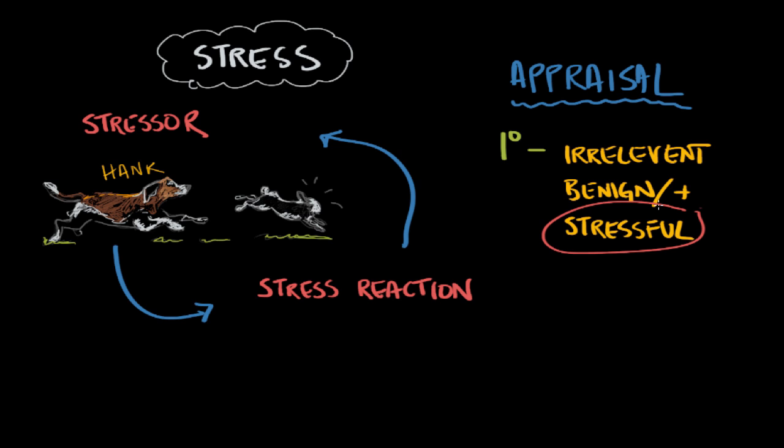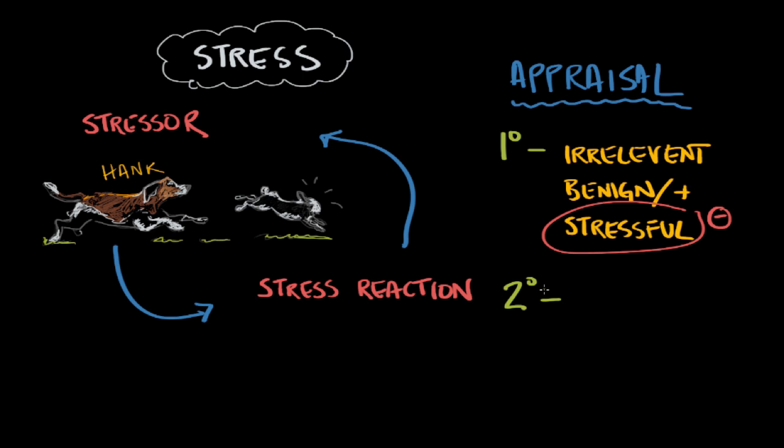And so if this primary appraisal is negative, we move forward with the secondary appraisal. So the secondary appraisal involves the evaluation of the individual's ability to cope with the situation. So the individual that's perceiving the stressor, what is their material preparedness to deal with that stressor?